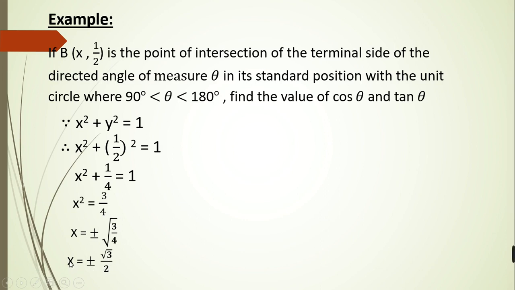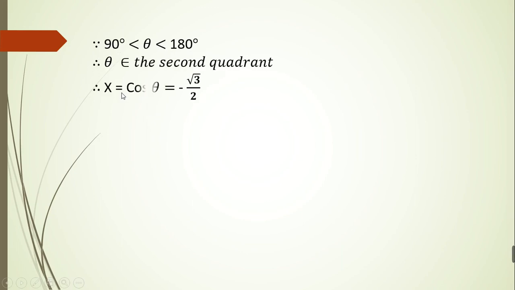X here represents the cosine, and we are in the second quad. In the second quad, cosine is negative. Since theta is greater than 90 and less than 180, I will choose the negative root 3 over 2.